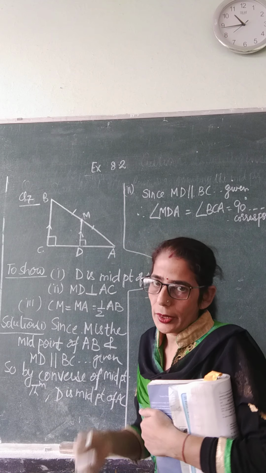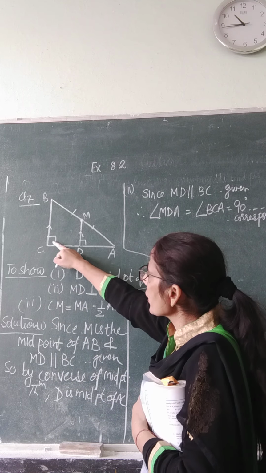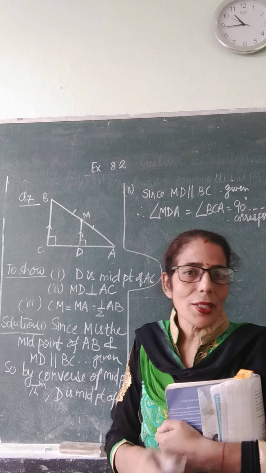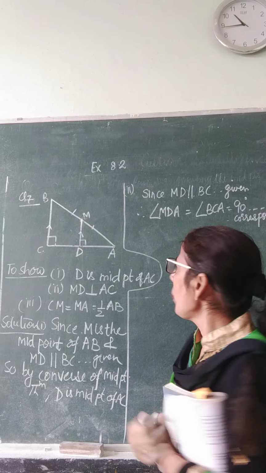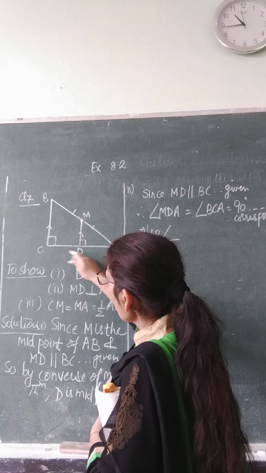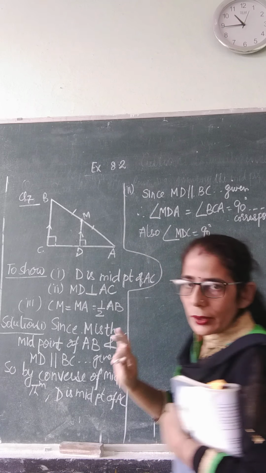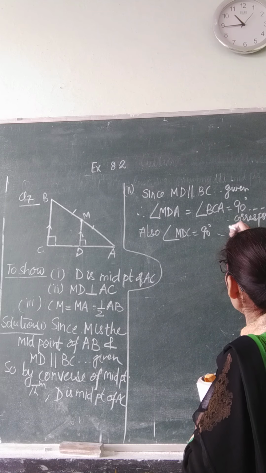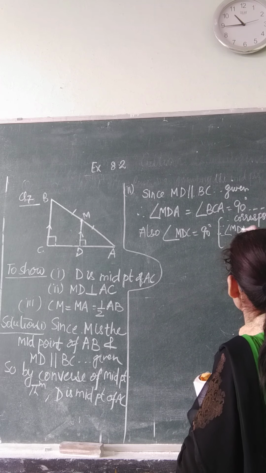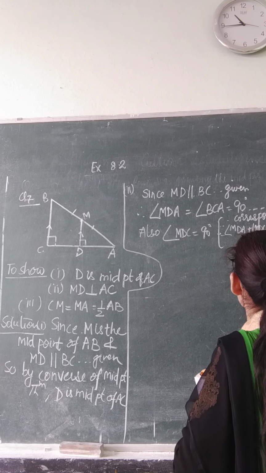Also this angle is 90 degree. Either you can say because these angles are making a linear pair, or you can say because these are parallel lines and these two angles are co-interior angles, and co-interior angles are supplementary. Also, angle MDC is equal to 90 degree, because the reason is angle MDA plus angle MDC is 180 degree, linear pair.